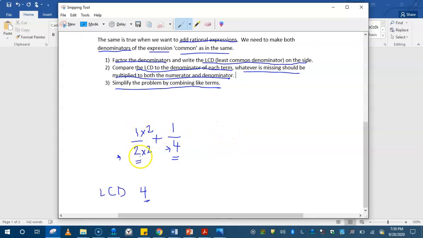So that would change the first fraction to 2 over 4, right? 1 times 2 is 2. The bottom, 2 times 2 is 4, plus this fraction would stay the same because it already has that least common denominator in it, 1 over 4. And then to add fractions, remember, we add in the numerator only.